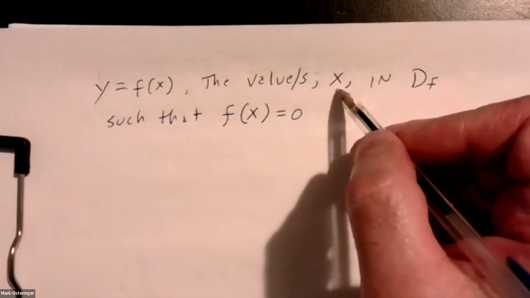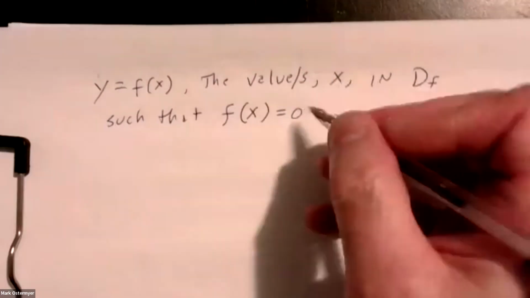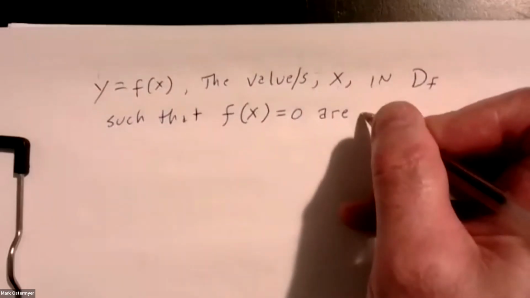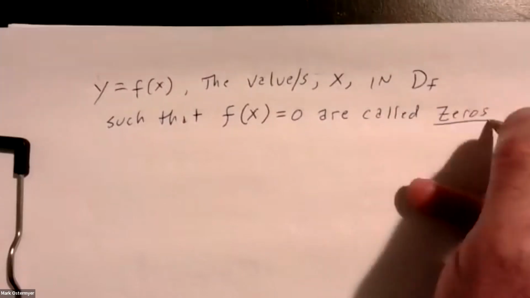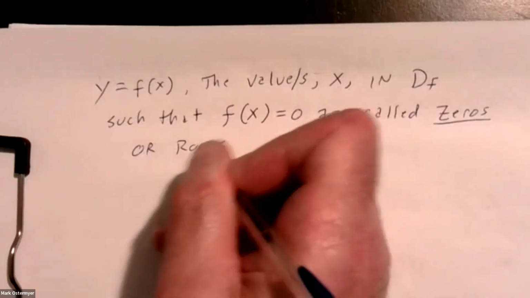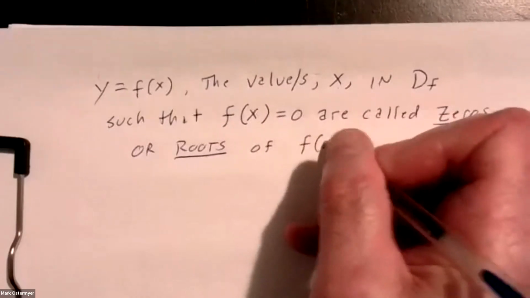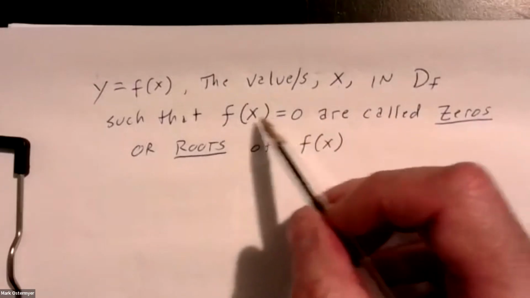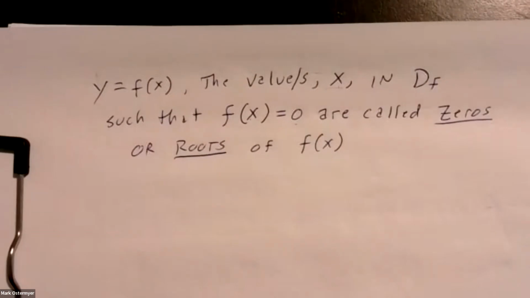If that's the case, so if we have some value x that we throw into our polynomial function and it gives us a value of 0, then we call these values of x zeros. So they are literally called zeros, or sometimes referred to as roots of f of x. They are called zeros or roots, zeros, because they send our polynomial function to a value of 0. That's why they're called zeros.